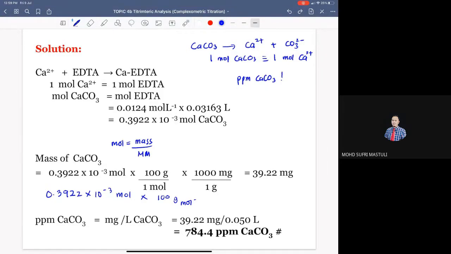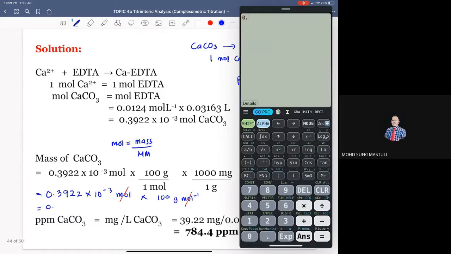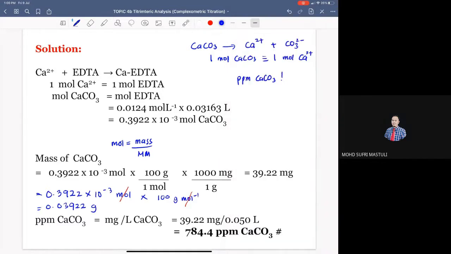You can cancel off the units, so you get 0.3922 times 10 to the power minus 3 times 100, which gives 0.03922 gram.